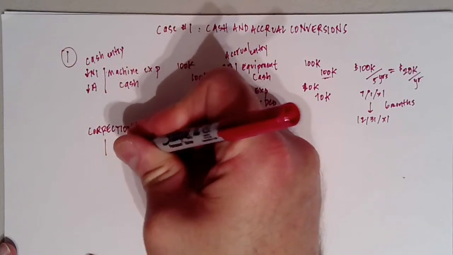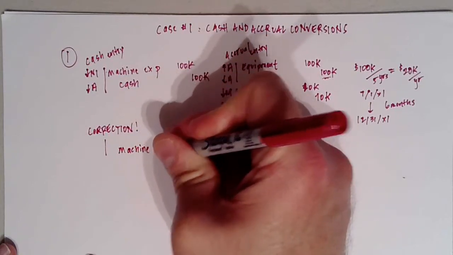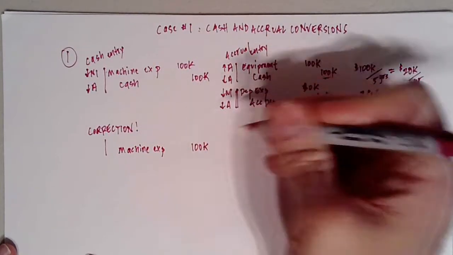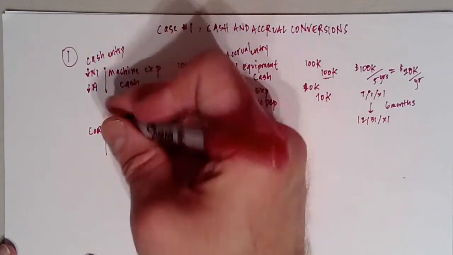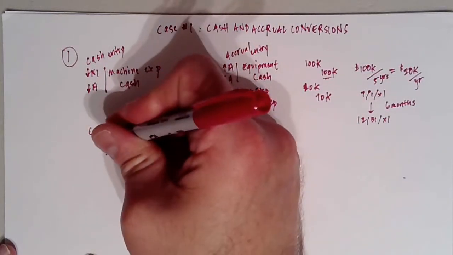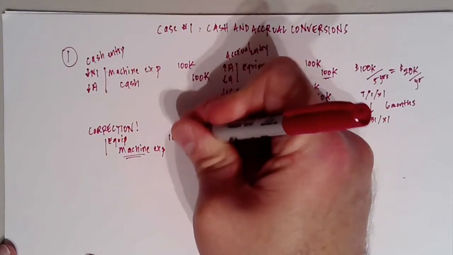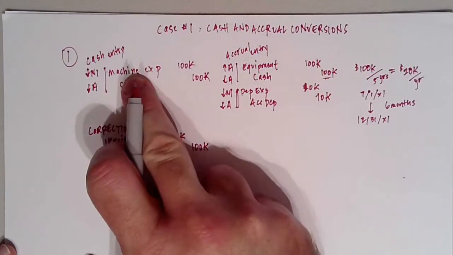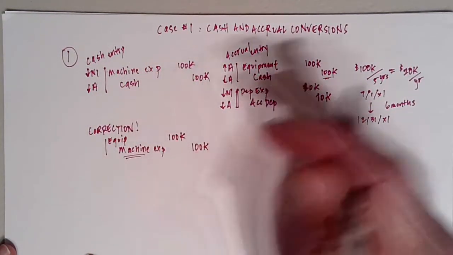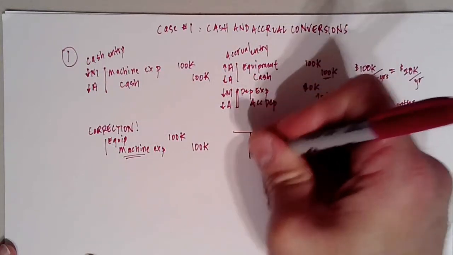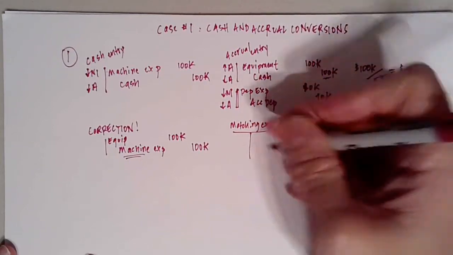And so the way to fix that is to credit machine expense in its entirety, to get rid of that account because that's too much expense. We don't want to recognize that much expense, and we don't want to call it machine expense. We want to call it depreciation expense. And we debit that amount to equipment because we want that $100,000 not to be this, but rather this. We get rid of the machine expense by crediting it. It's almost like a closing entry, but we're just correcting something that we did incorrectly.